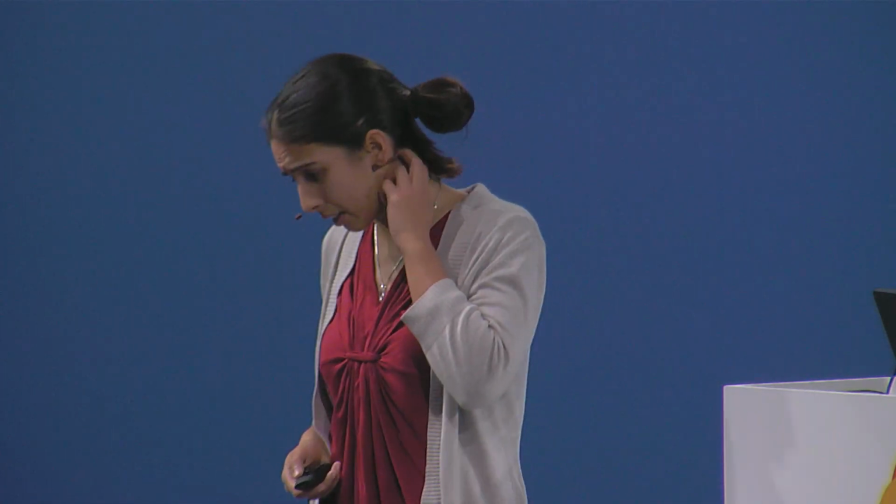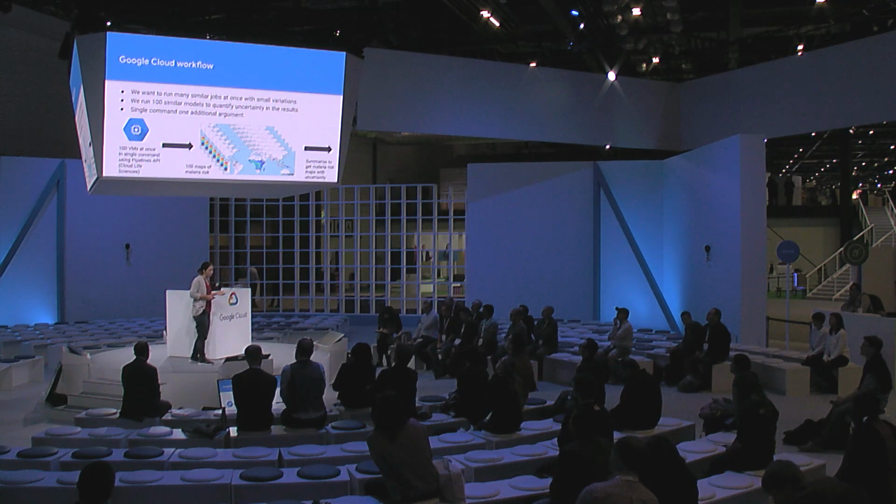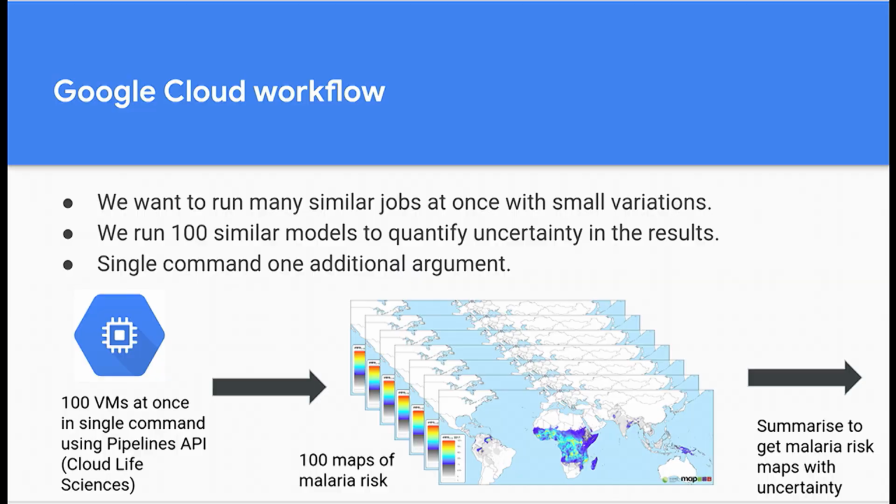They'll want to know, does that mean between 39 and 41, or could it be 50%? They want to know a level of uncertainty. And these are very important questions when thinking about where to target your interventions. What is your uncertainty? And so to quantify uncertainty, what we do is we run many, in this case 100, similar models, varying our inputs slightly.